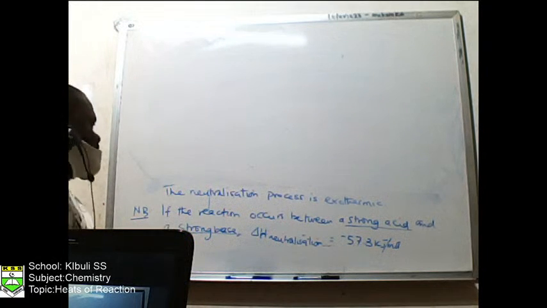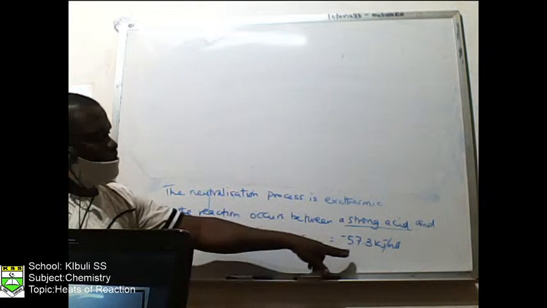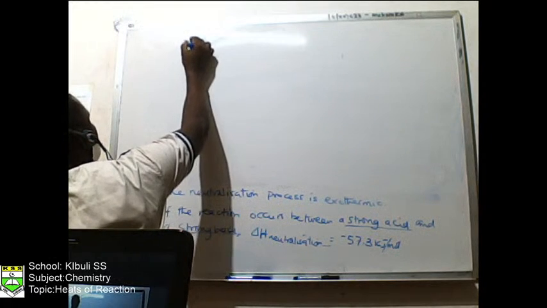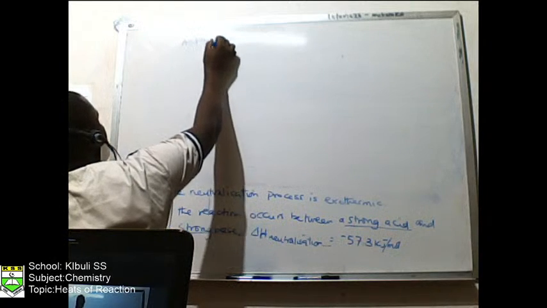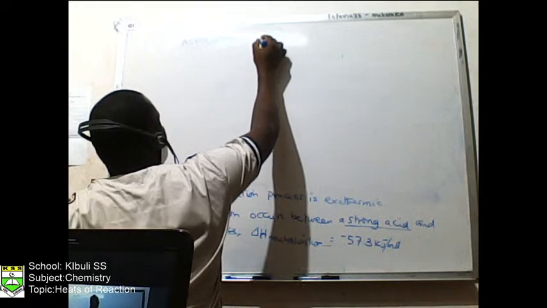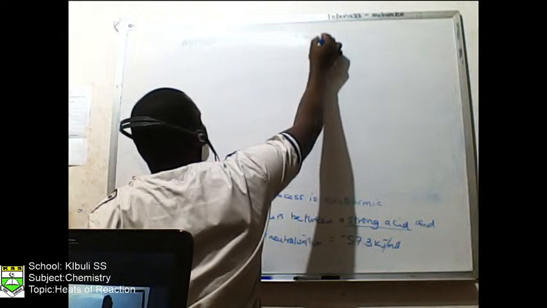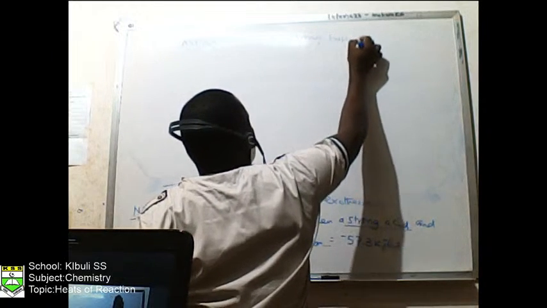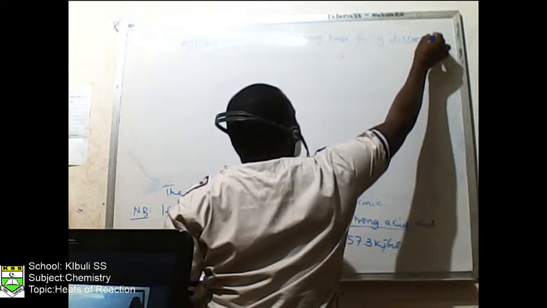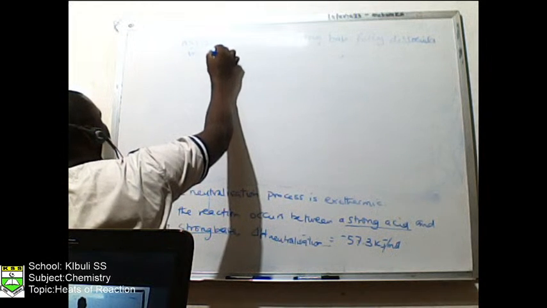The reason why, if a reaction occurs between a strong acid and a strong base, the enthalpy of neutralization is 57.3, is because both a strong acid and a strong base fully dissociate in a solution.